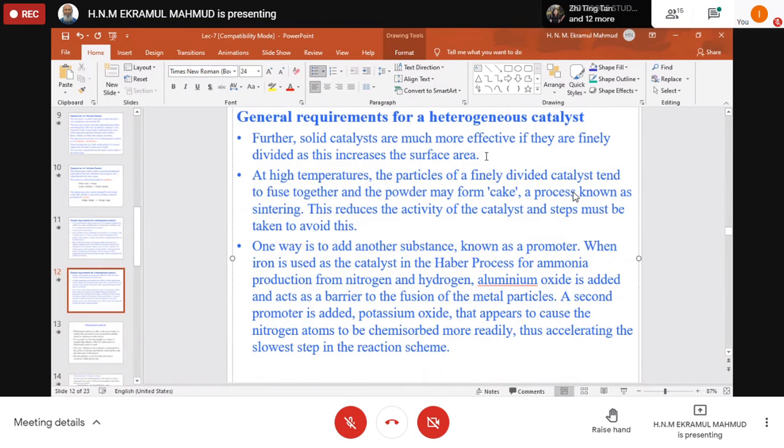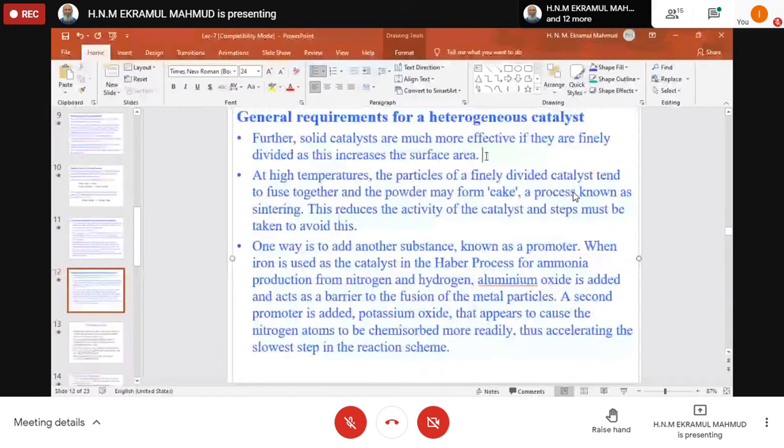A larger surface area is very good for the reaction to occur.